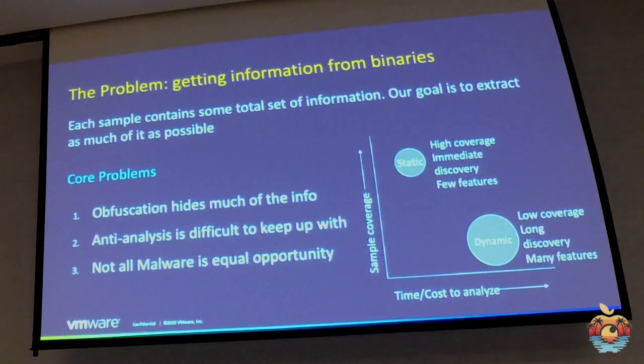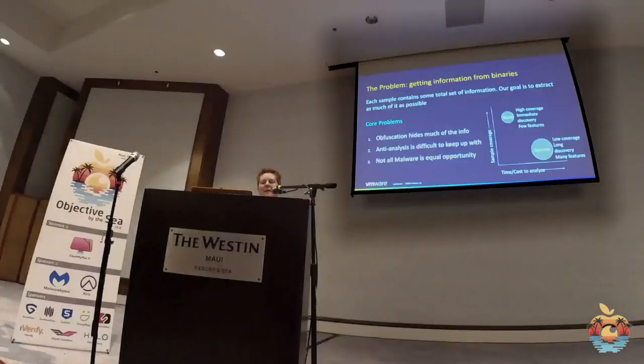But if you're talking about malware, malware is going to do what it can to do obfuscation, anti-analysis, any of these things. So you're probably not going to be able to run strings or something like that. You're not going to get any data out of it.